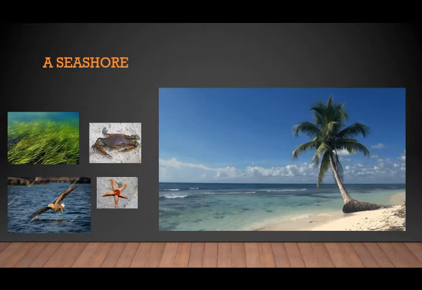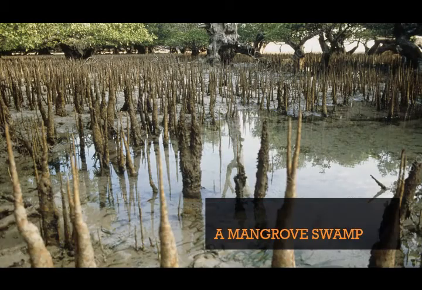Now let's compare to the next one. This one is not really far away from the seashore, a mangrove swamp. Yeah, mangrove swamp here. Do you see any white sand here? Of course not, because the soil is muddy. So here we don't have the white sandy soil, but this is muddy soil.